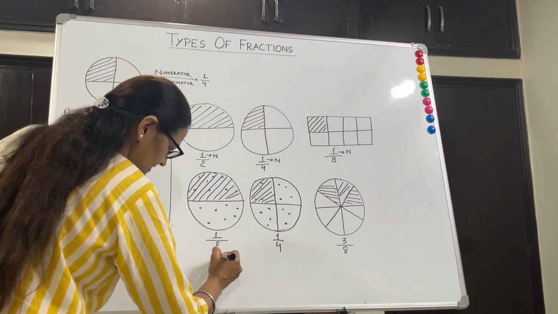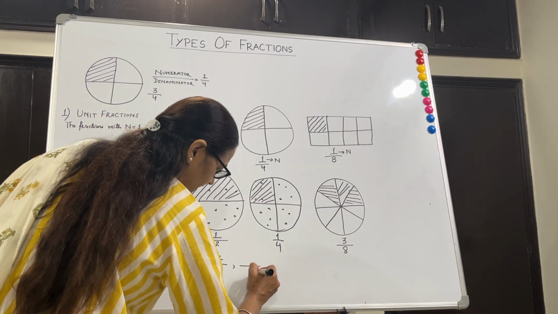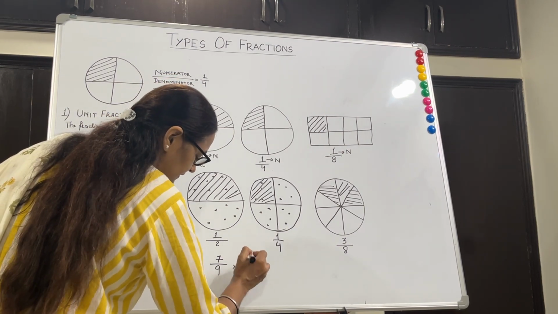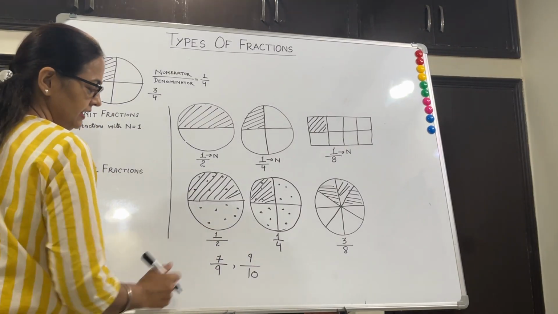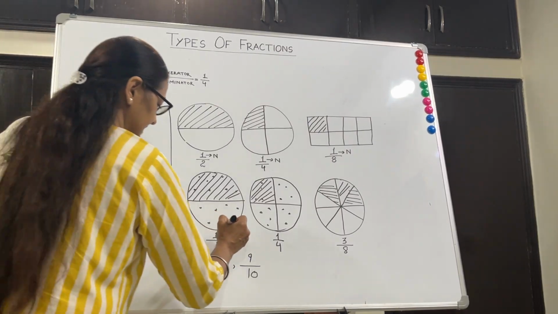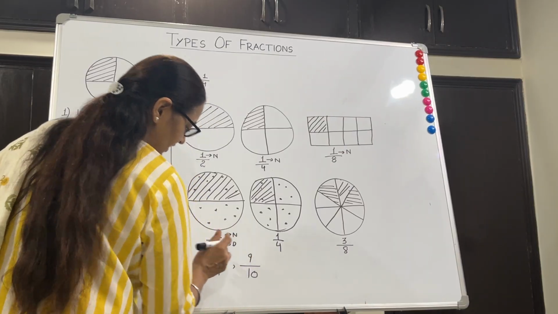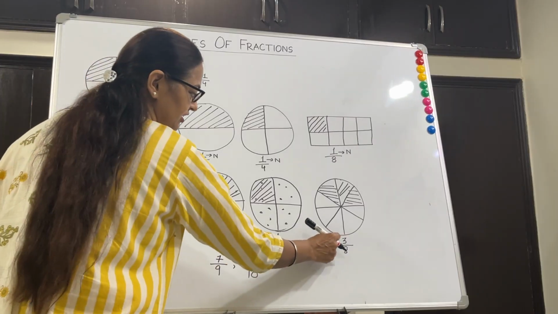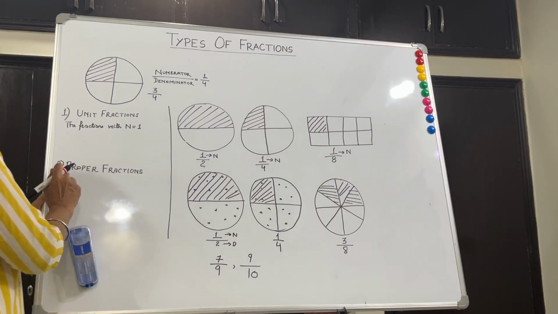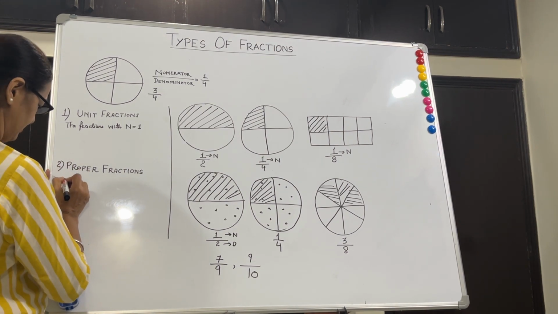Similarly, I'll write some more examples: 7/9, and if we divide something into 10 parts and you are getting 9, 9/10. Now in all these fractions you see the numerator is less than the denominator. Can you see? 1 is less than 2, 1 is less than 4, 3 is less than 8, 7 is less than 9, 9 is less than 10. So what are proper fractions? The fractions with numerator less than denominator.